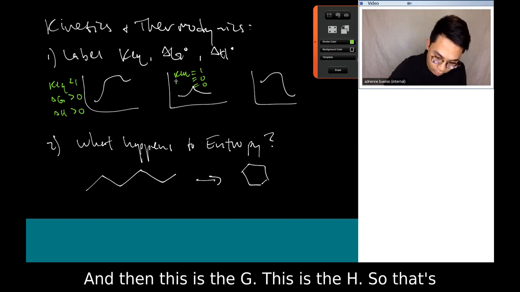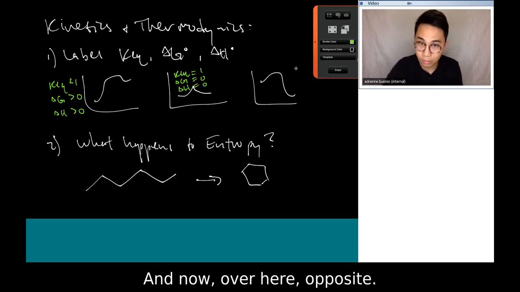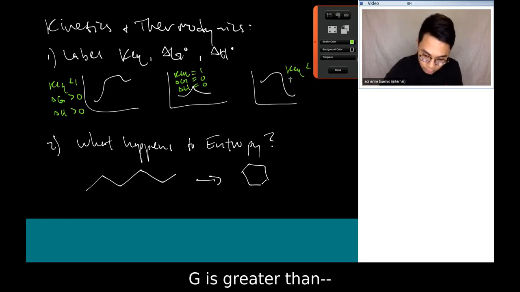So that's all equilibrium, obviously, because it went back. And now over here, opposite, KEQ is going to be less than one, G is greater than, G is less than zero.